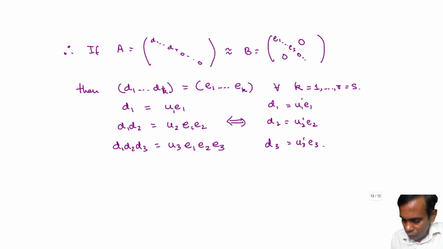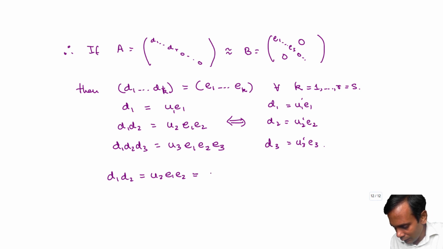So for example, D1 D2 is U2 E1 E2, but what we know is that E1 is U1 inverse D1.